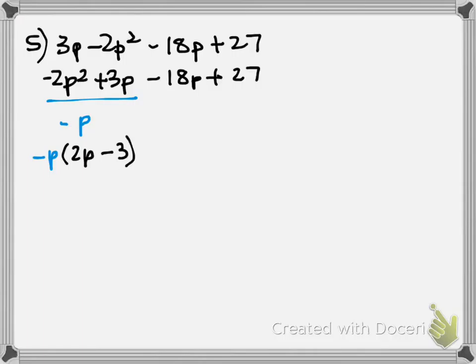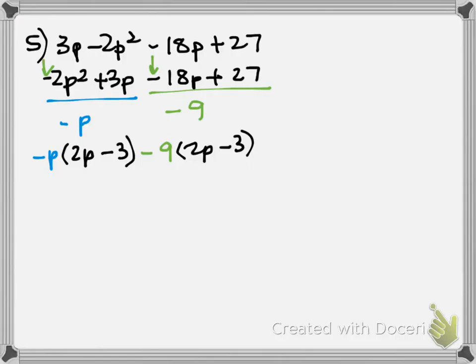Okay? And then what am I going to pull out from this second group? A negative 9. So again, remember, anytime there's a negative in front, I got to pull out the negative. So I get negative 9, and then what's going to be left behind would be a positive 2p, excuse me, and a negative 3. So we get our match.